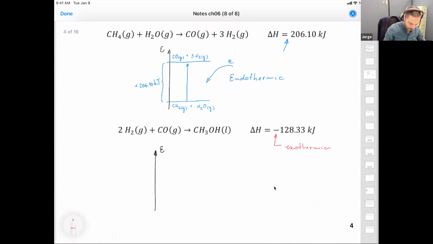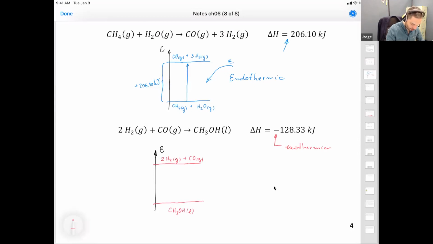If the reaction is exothermic, that means the energy of the reagents, hydrogen and carbon monoxide, is higher than the energy of the product, in this case, methanol.